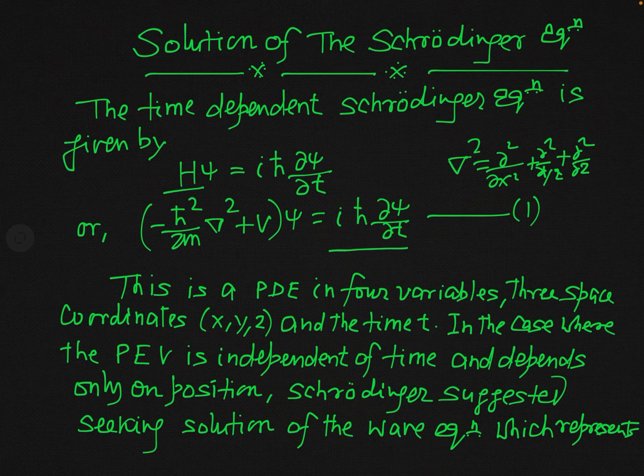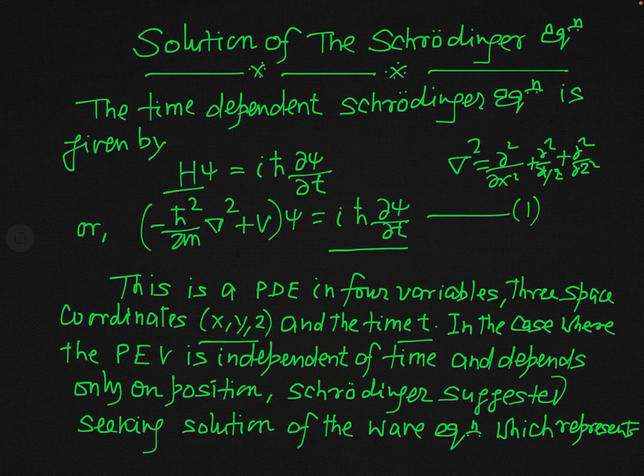So you can see that the wave function psi is actually a function of four independent variables, among which three variables, that is x, y, z, are space coordinates, and one is time t.